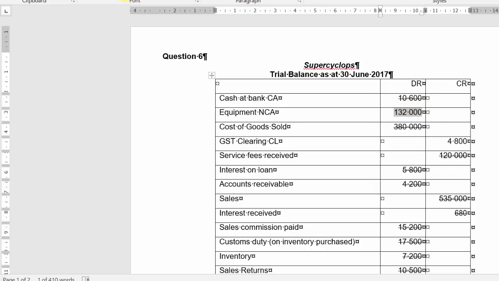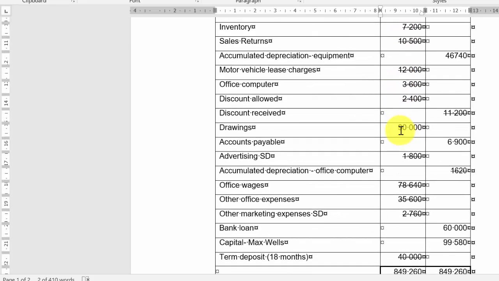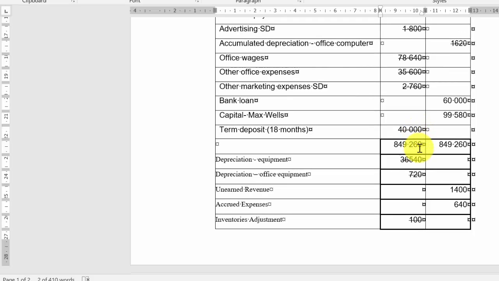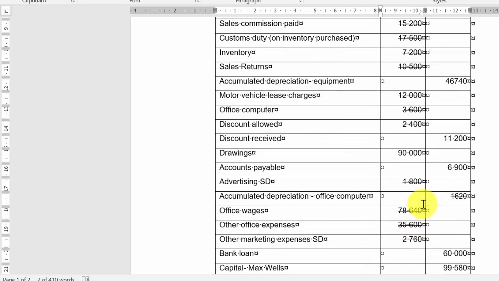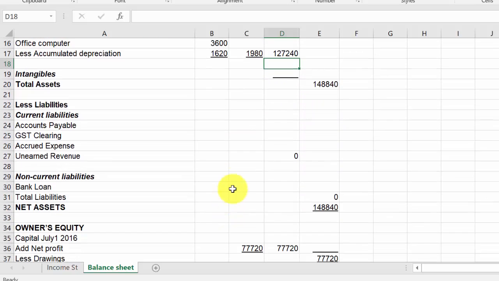Equipment, I've already put that in. So you can see that by me being relatively methodical, I've ticked all these things off. The only thing is there's drawings. I know where to put that. I've got no other items here to put in, so I've got no intangibles. So my total assets here are worth $148,840.